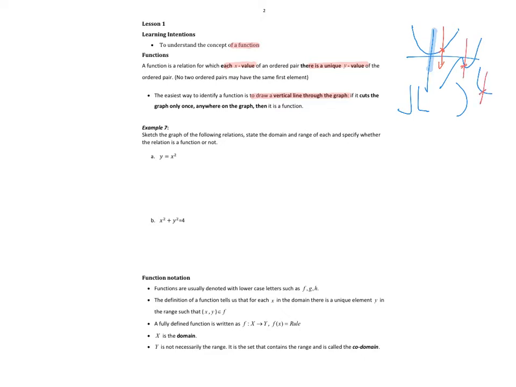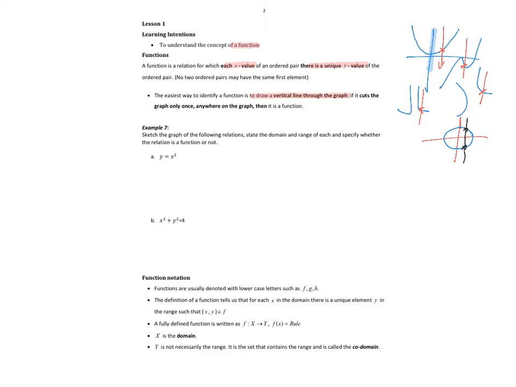That makes them functions. Whereas the only one really that we've looked at at the moment that's not a function would be our circle. So if I drew a vertical line through a circle, it crosses twice, all right? And that makes the graph not a function.